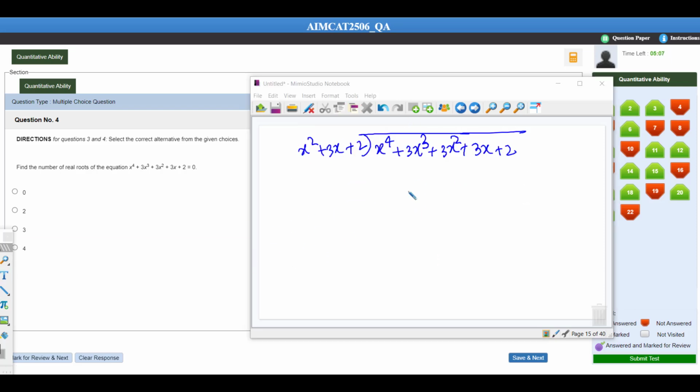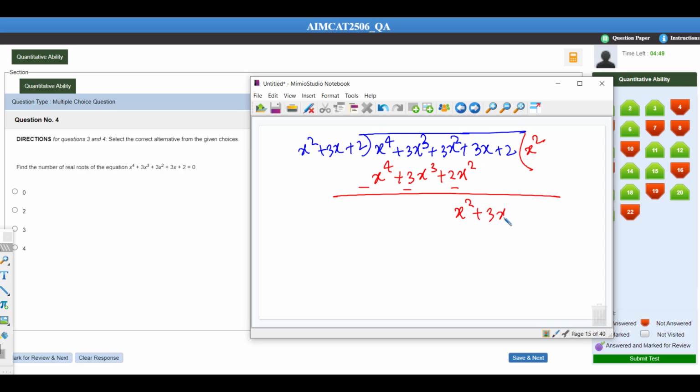The quotient is x square over here. So x to the power 4 plus 3x cube plus 2x square. Then if you subtract, x square plus 3x plus 2 is remaining, and the quotient is 1 now. x square plus 3x plus 2, the remainder is 0.